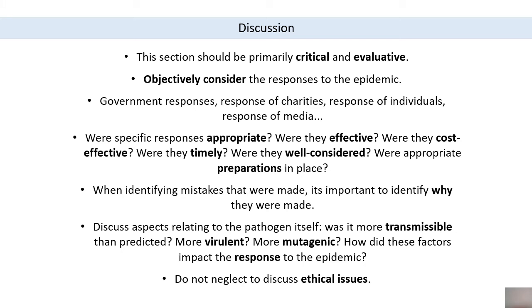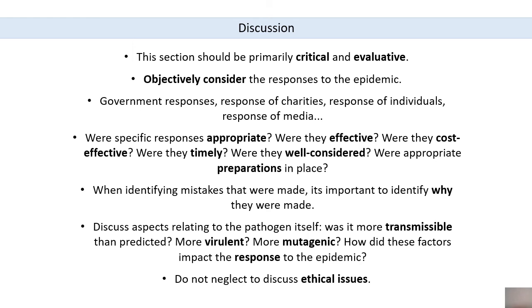One thing students sometimes struggle with is this idea of evaluating the pathogen itself, and it is a tricky one. So evaluating pathogenesis, evaluating any other aspects of the pathogen itself. But what you're needing to do for this is, again, look at the literature, but look at the literature that is relating to the pathogen itself. Look at the papers discussing virulence.